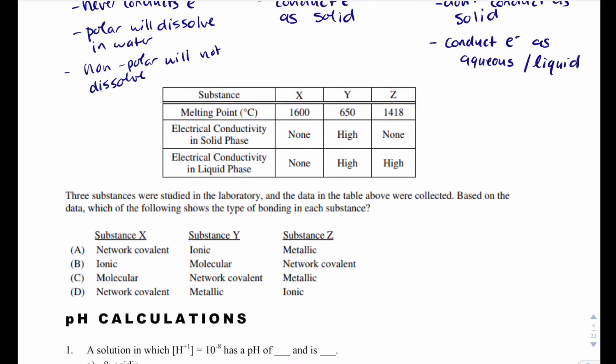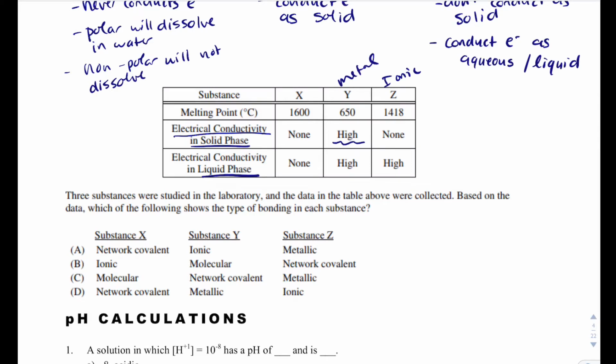And so what we see is that for conductivity in solid phase, X and Z do not, so those must not be metals. But Y does, so Y must be a metal. Compound Z conducts electricity in the liquid phase when it's melted, so it must be ionic.